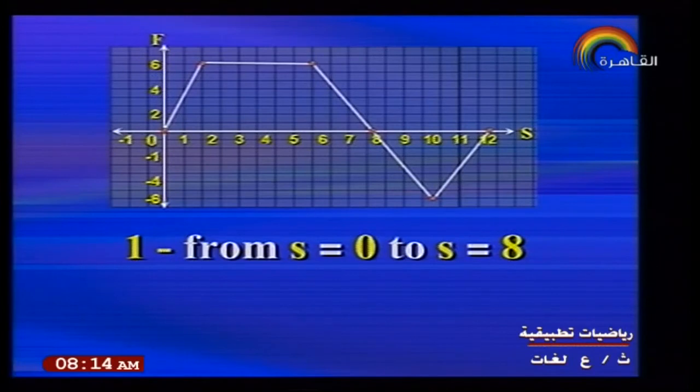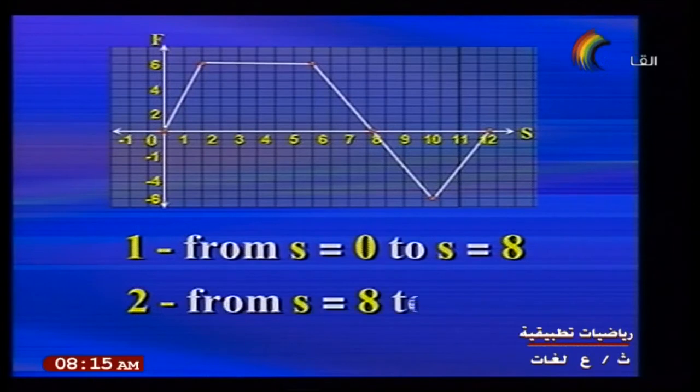Look at, dear student, from s equals 0 to s equals 8, and from s equals 8 to s equals 12. From s equals 8 to s equals 12 represents the area of what?